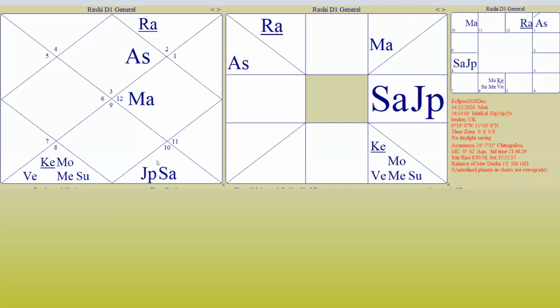And the 8th house is Capricorn, and it's got Jupiter and Saturn. The great conjunction is happening in sidereal Capricorn, right? Exactly. Then the 9th house is Aquarius, and the 10th has Mars.